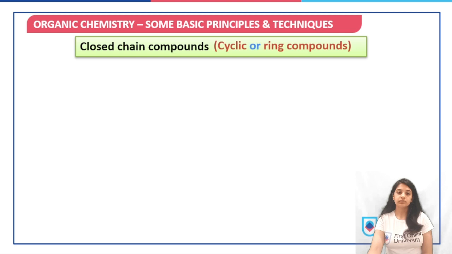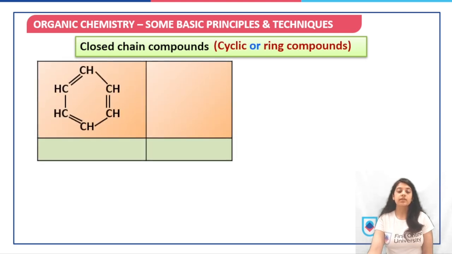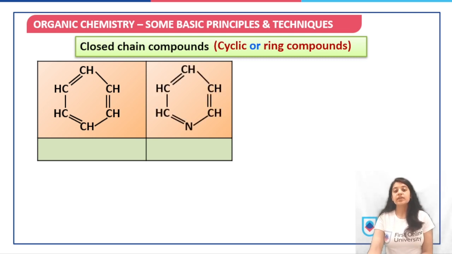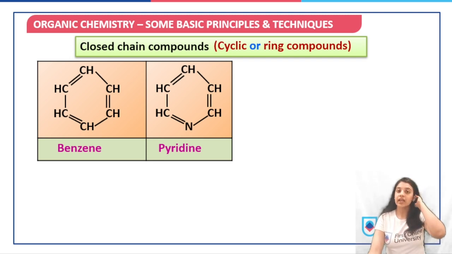Let us now talk about closed chain compounds. So if I talk of this compound, which is very well known, is benzene. Another resonating structure of benzene can be written in this form, but if you see carefully, this is not benzene. This is actually containing one heteroatom nitrogen in the ring, and this is pyridine.